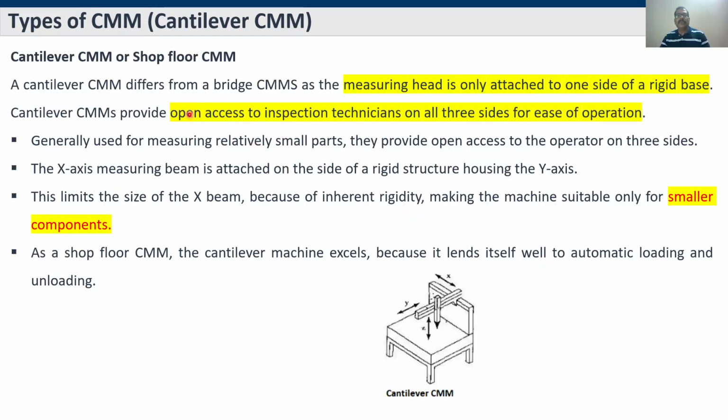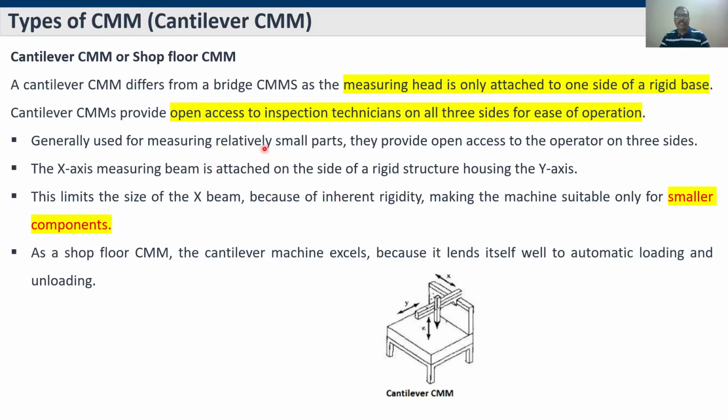So cantilever CMM differs from bridge type CMM as the measuring head is only attached to one side of the rigid base. So this is the rigid base, here it is attached. Cantilever CMM provides open access to inspection technicians on three sides of each operation. So it is beneficial for the technicians because they will have three-side access. So they can easily keep the component that needs to be measured.